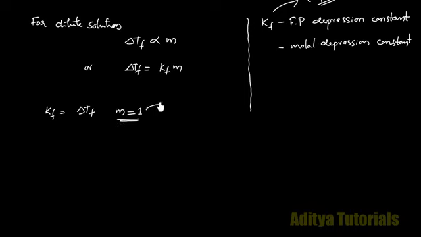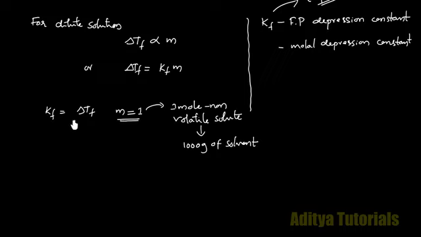So what is the meaning of this? Molality is 1 means it is 1 mole of non-volatile solute present in 1000 grams of solvent. So you can define it. The molar depression constant of a solvent is the depression of freezing point.